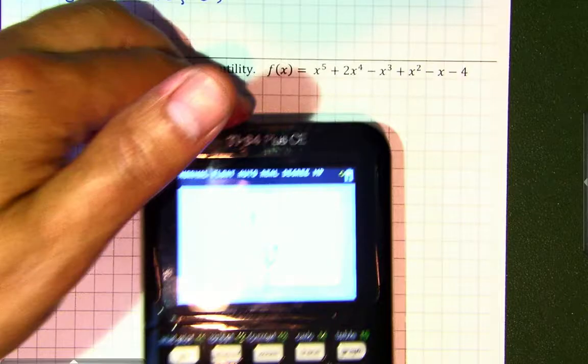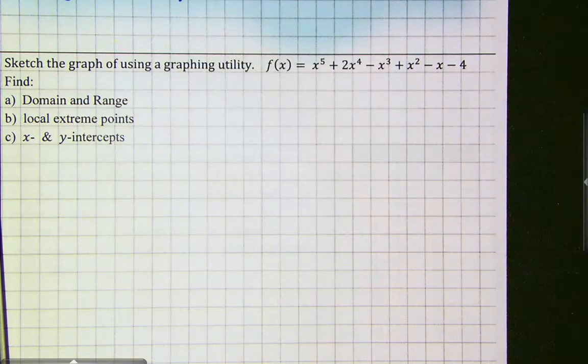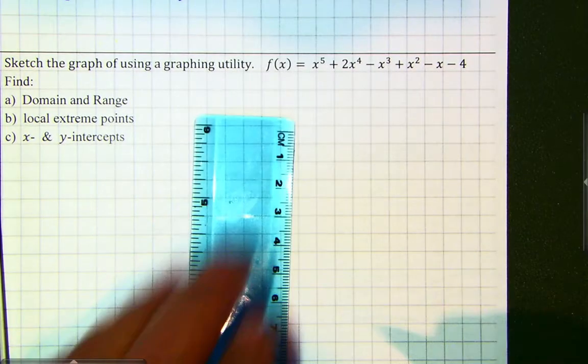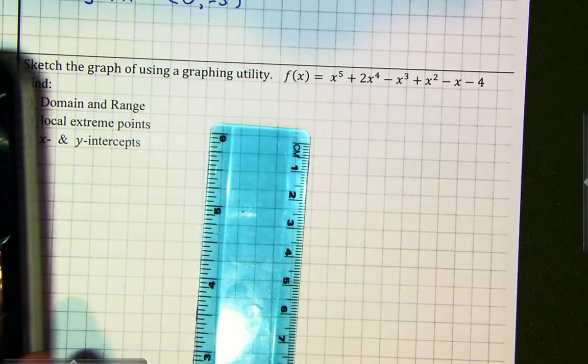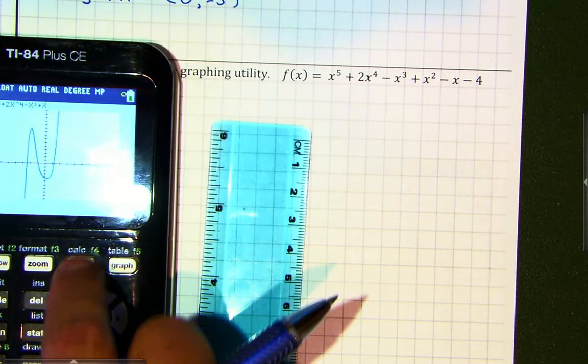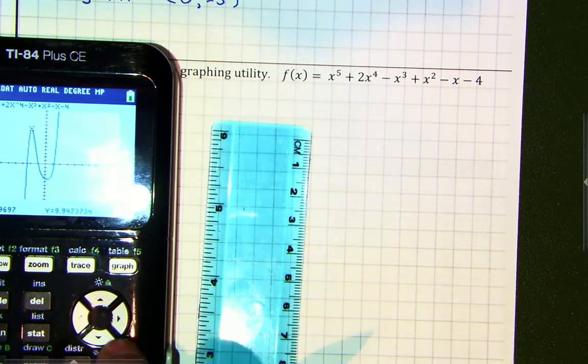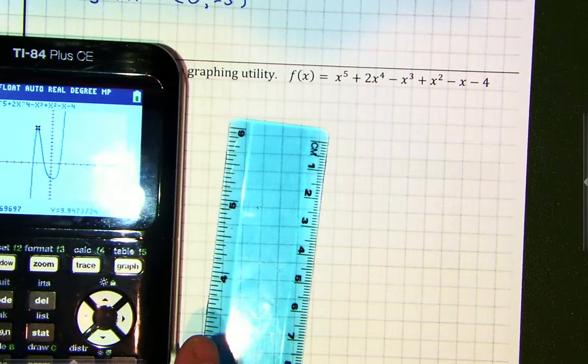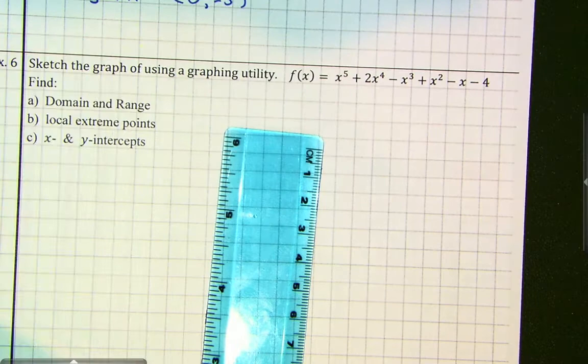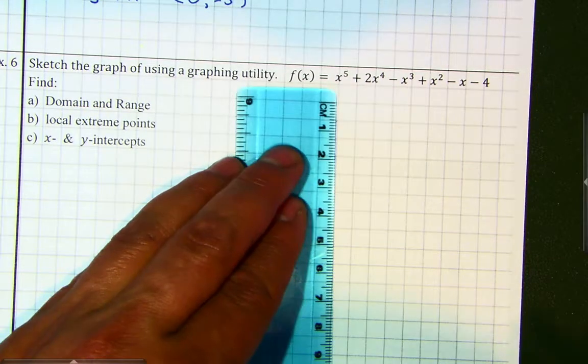So therefore, let me just make a quick sketch. We can also trace it to see how high it goes, up to 10. You can also do other things, but for now we're going to leave that.